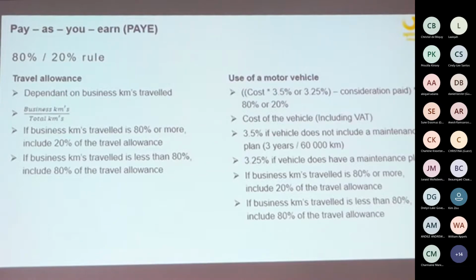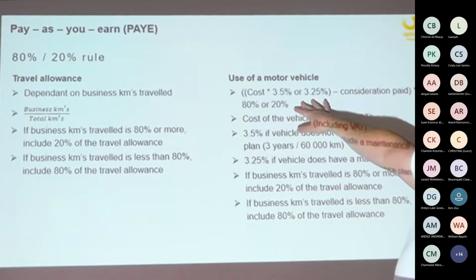The maintenance plan has to be at least 3 years or 60,000 kilometers. So if there was no maintenance plan on the vehicle, you use 3.5%. If there was a maintenance plan on the vehicle, you use 3.25%. Okay. That gives you the determined value of the car.